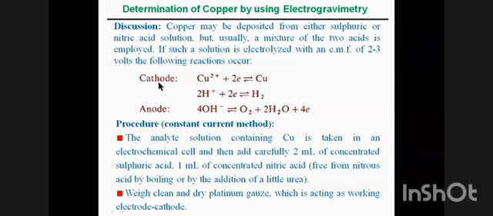If such a solution is electrolyzed with an applied EMF, the following reactions occur. At the cathode, Cu2+ plus 2 electrons gives Cu, and 2H+ plus 2 electrons gives an H2 molecule. At the anode, 4OH- is oxidized into O2 plus 2H2O plus 4 electrons.